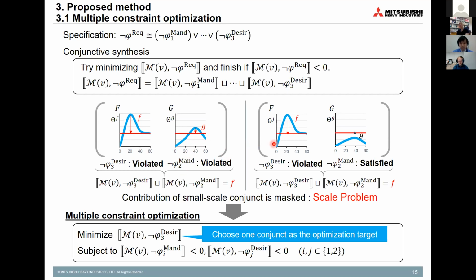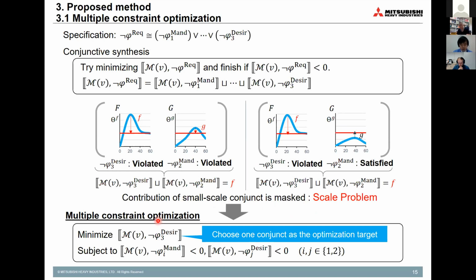And in the right case, the mandatory requirement not phi 2 is satisfied. However, the robust semantics indicates they have the same robustness. It means that the contribution of the small-scale conjunct is masked. In this situation, the hill climbing algorithm deems them flat, and optimization-based search is impeded. Such a problem is called the scale problem.